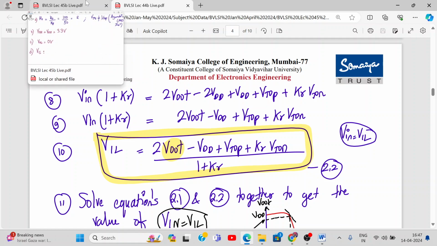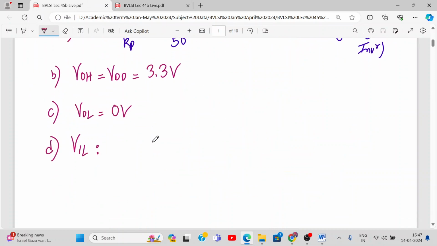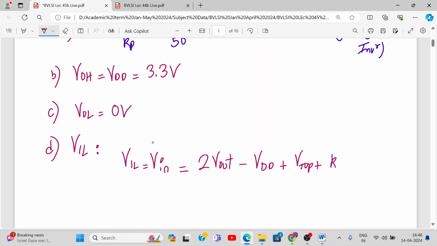That is V in, which is VIL, equal to twice V out minus VDD plus VTOP plus KR times VTON, divided by 1 plus KR.